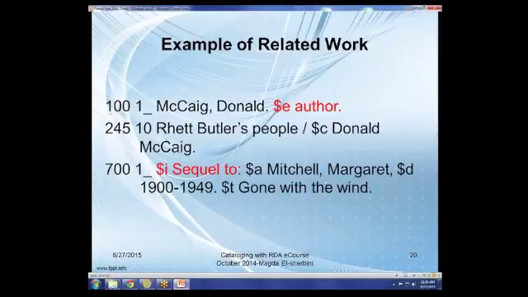Margaret Mitchell was already dead when Donald McKay wrote this sequel. So there's a relationship here which is derivative in that he had the idea to write the sequel based on the prior work, but you can't really consider that to be a series in the ordinary sense.